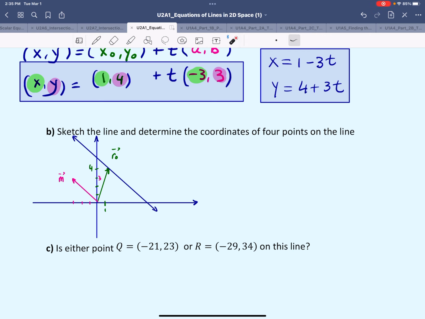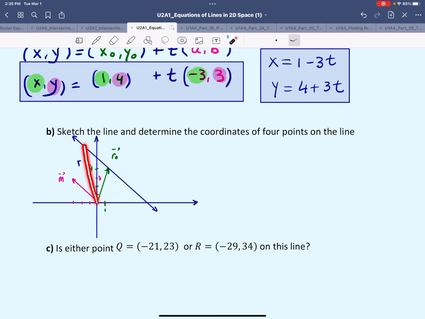So remember that there is an infinite number of points on this line, which means that we can draw a vector r at any point on this line. So this can be a vector r, and this one here can be a vector r, and this one here can be a vector r, and so on and so forth.